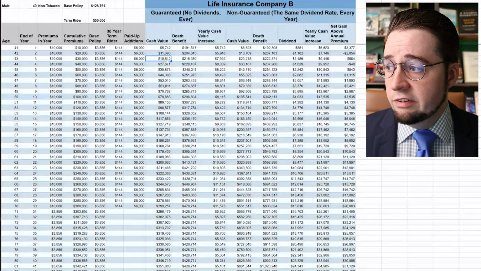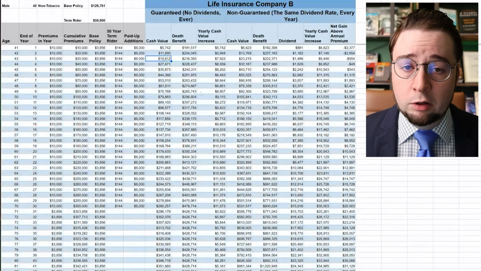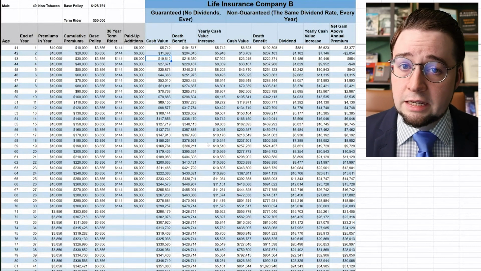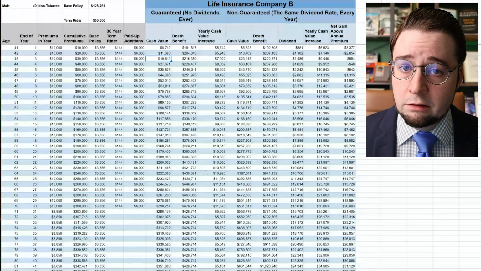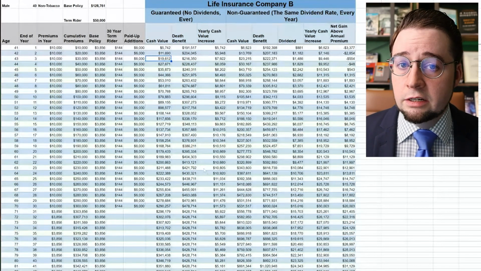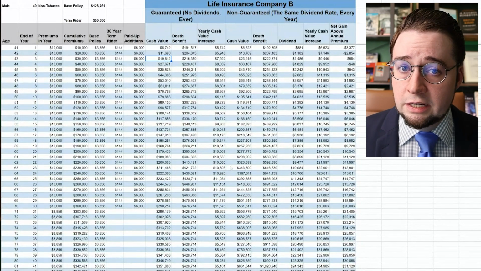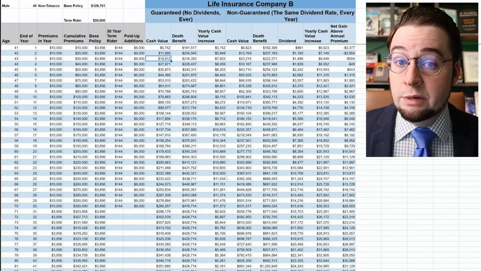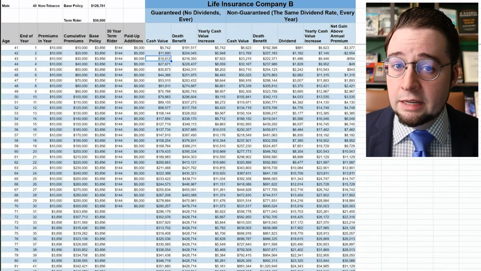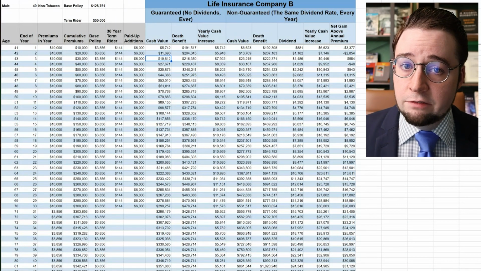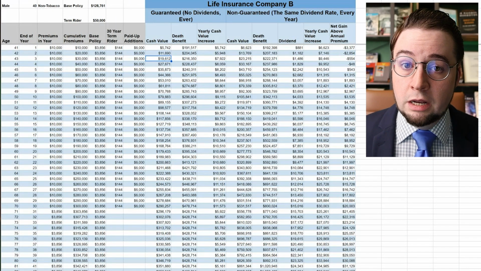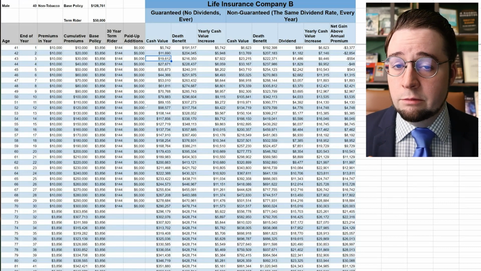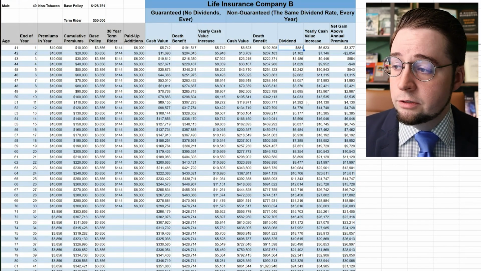The lowest possible value here has a nice table over time to show you if you pay your premiums, there are guaranteed values. This company is less focused on guarantees and more focused on dividends. Life insurance company A is more focused on guarantees and less focused on dividends. Which one is right for you? I don't know that. And that's something you have to discover with your agent.